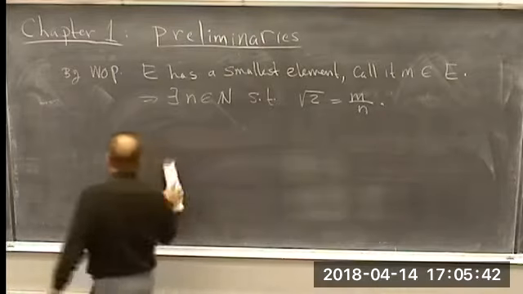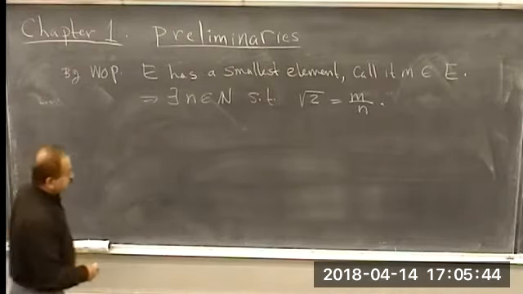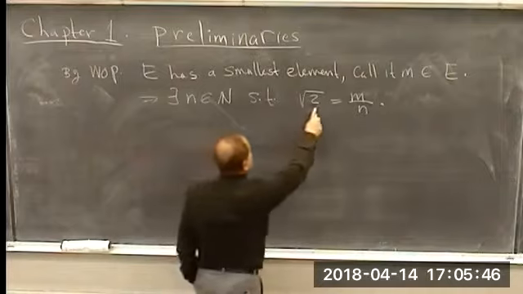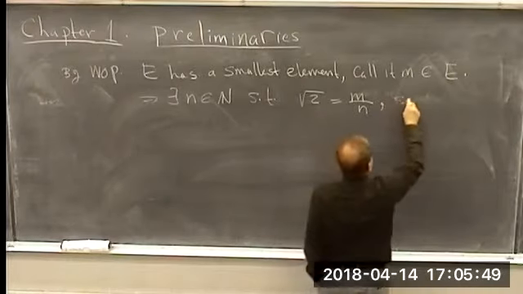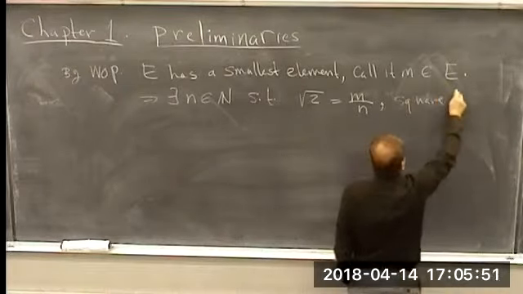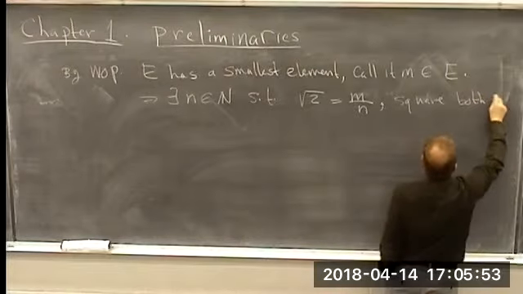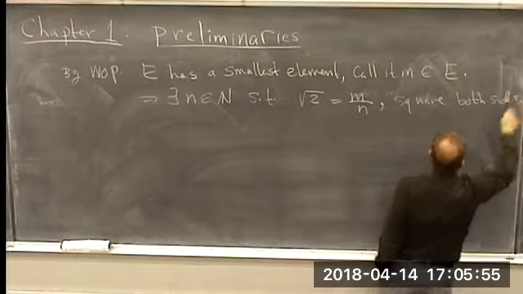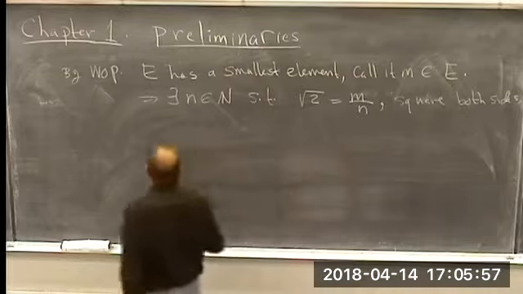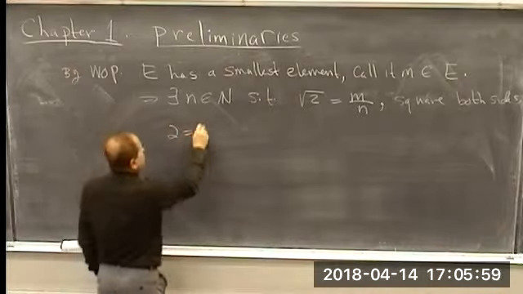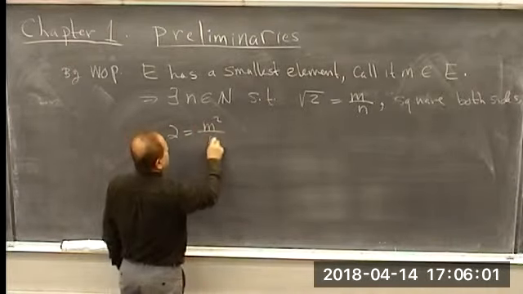All right, let's move on. Now I'm going to take this and square both sides. So the left side is 2, and we have m squared over n squared.